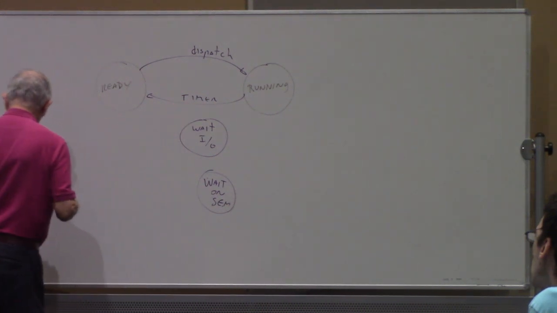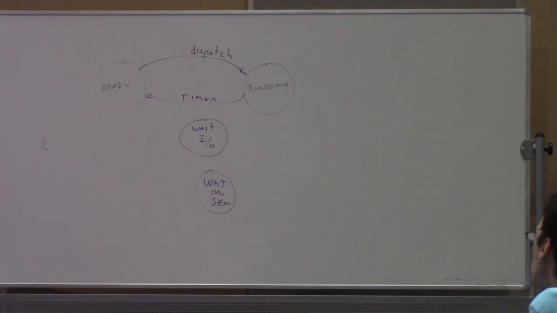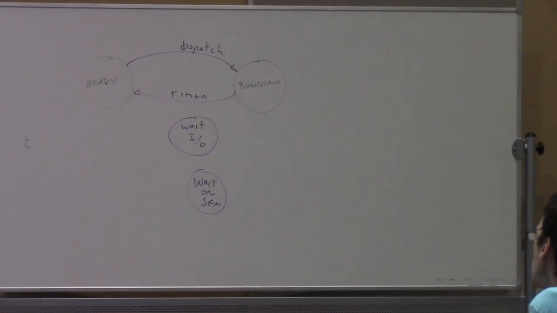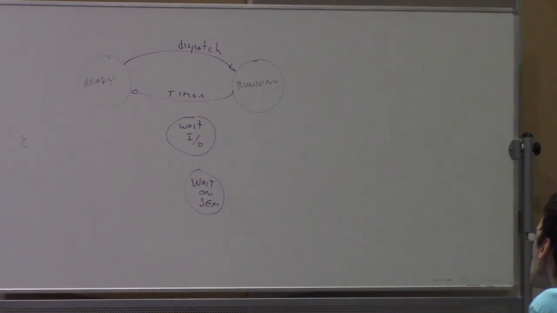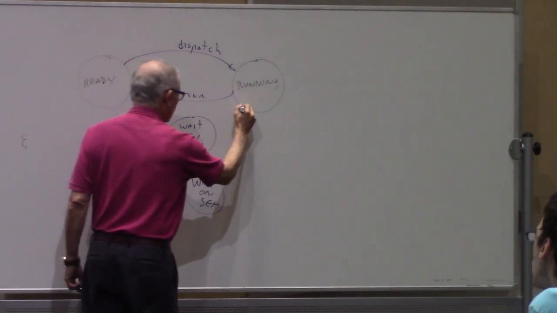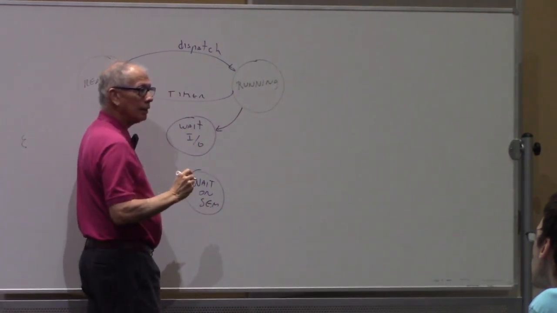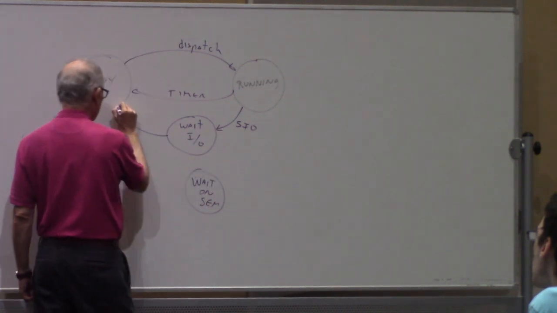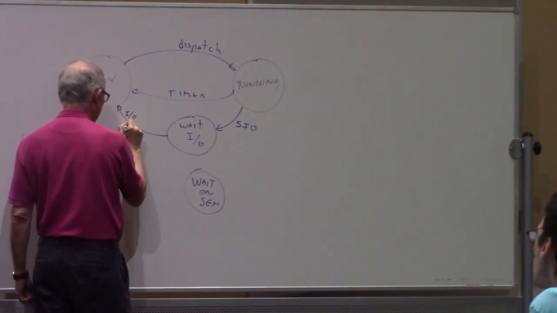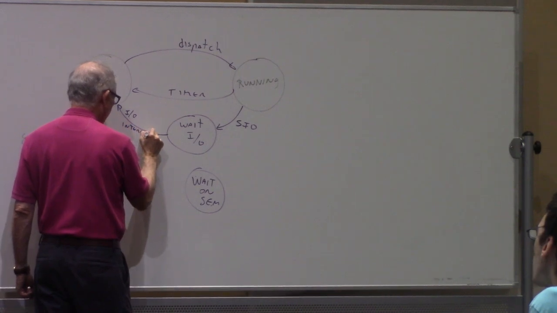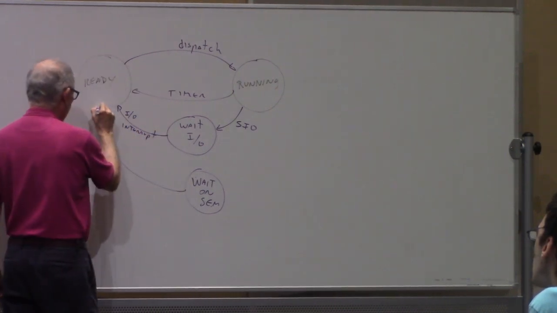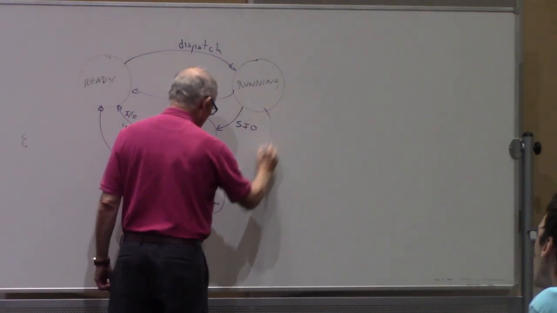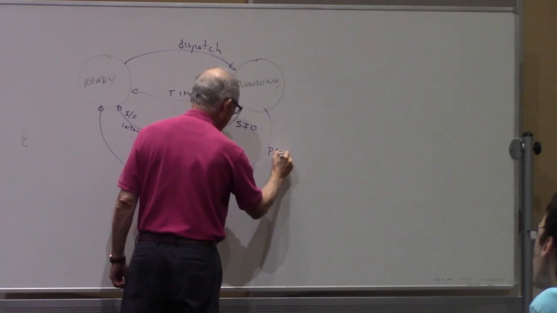Can you turn it? Can you see? Which one is this one? Just one. SIO? This one? V on semaphore. And this is P on S.